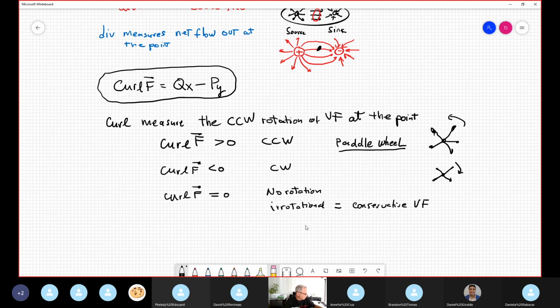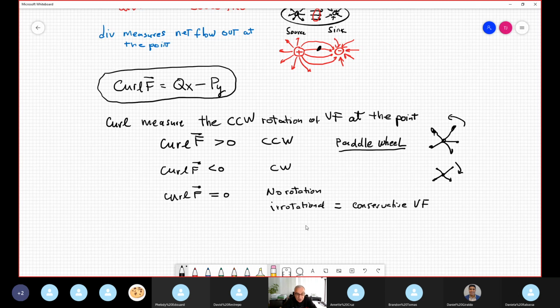One fantastic way to determine if a vector field is conservative or not is to compute the curl. When you compute the curl, if the answer is 0, then irrotational, no rotation, and the vector field is conservative. If it's conservative, remember, we can find a potential function to compute the work done between 2 points, and not necessarily compute using another technique I want to explain, today or next class.